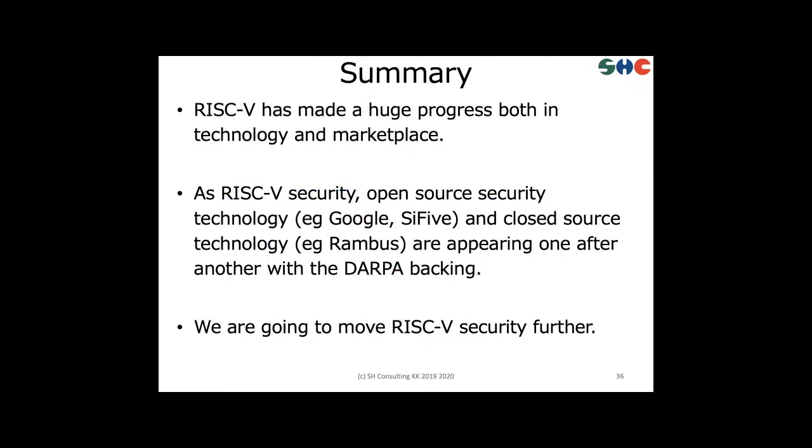So in summary, RISC-V has made huge progress both in technology and in the marketplace. As for RISC-V security, open source security technologies such as Google's and SiFive's, and closed source technology like Rambus, are appearing one after another with DARPA backing. And we are going to move RISC-V security further.